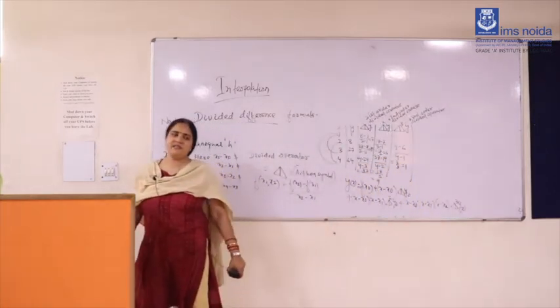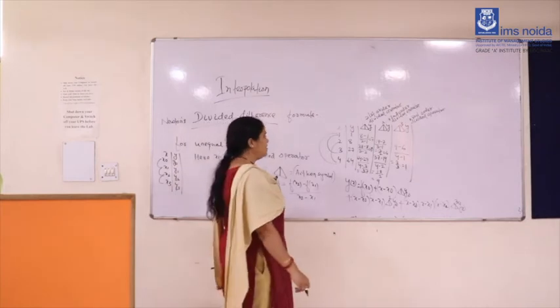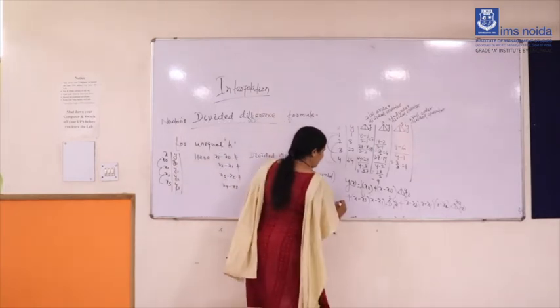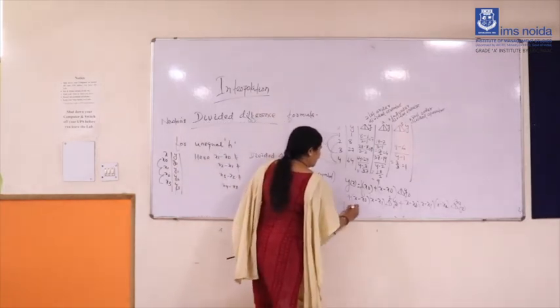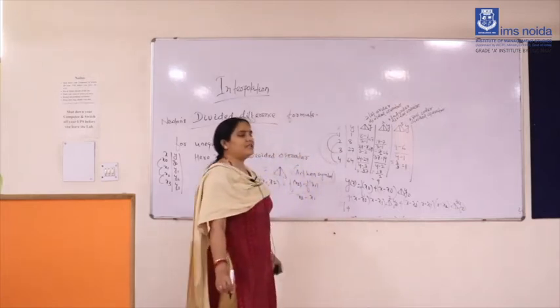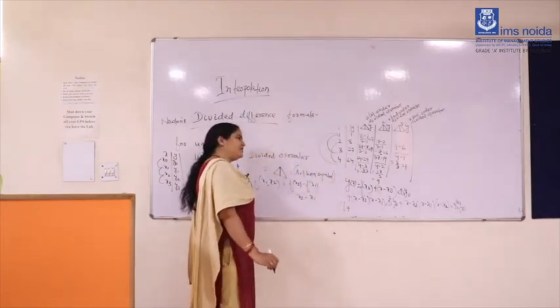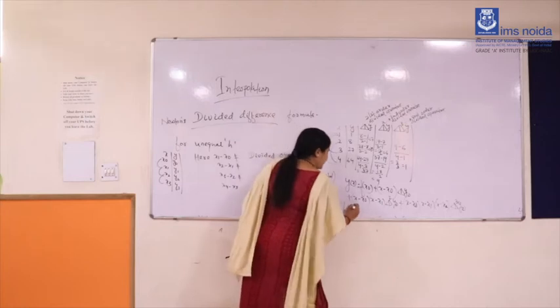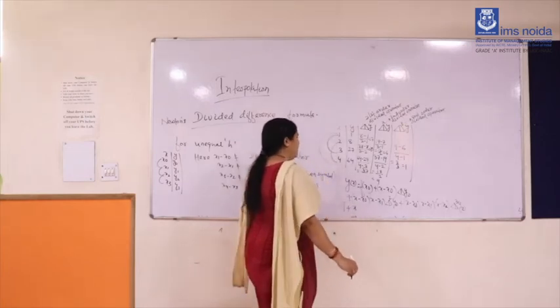So f(x0) means the initial y value, that is your 1, plus (x minus x0). There is no value asked in the question about x, so you can keep it as x. If somewhere a value of x is given, then you can put the value in x minus x0.